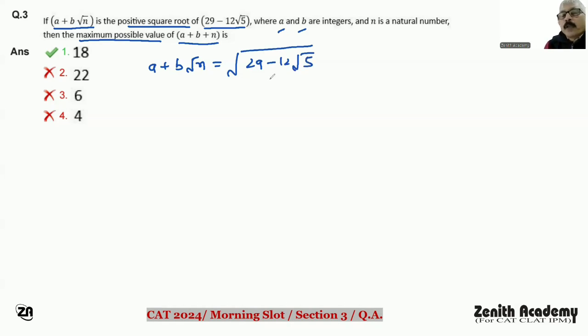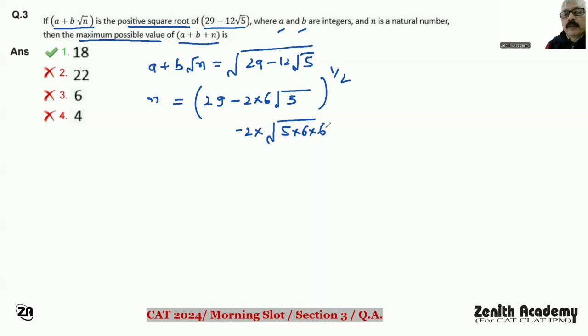Okay. So it is 29 minus 2 into 6 root 5. 6 you can take inside, 5, 6 into 6, right? So it is 36 into 5.